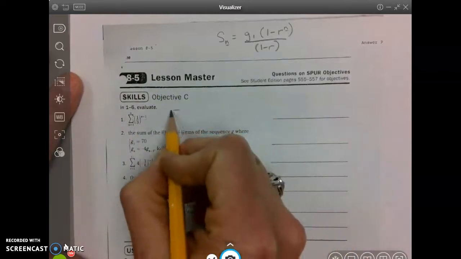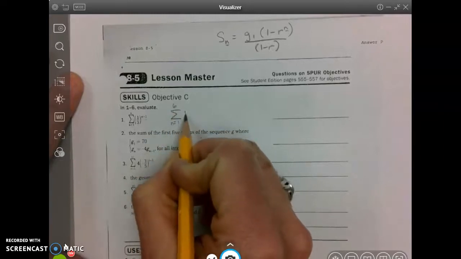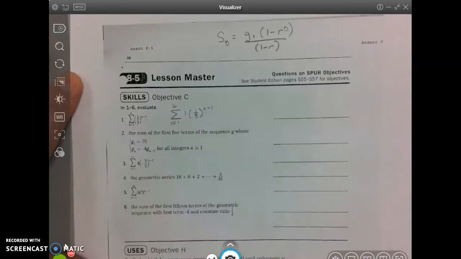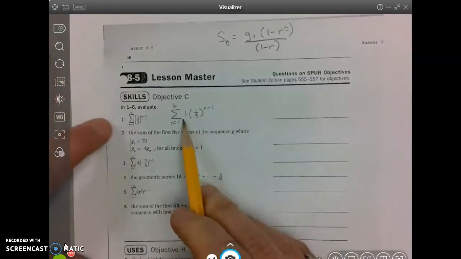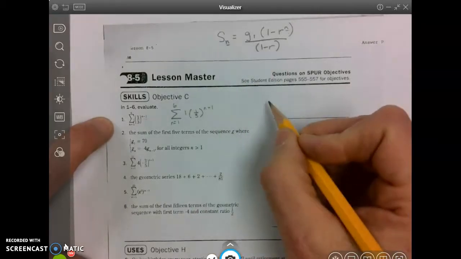So I'm going to rewrite this from n equals 1 to 6 of 1 times 1/3 to the n minus 1. I think that might help us a little bit. And then we're going to be doing our summation, or our geometric series.